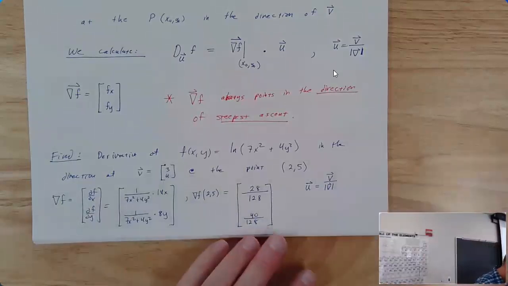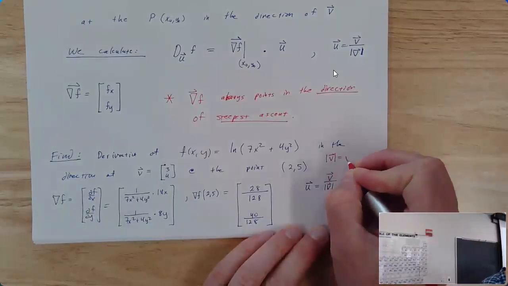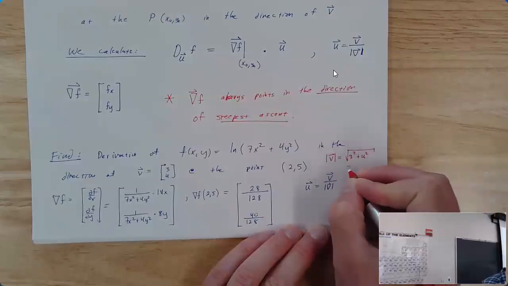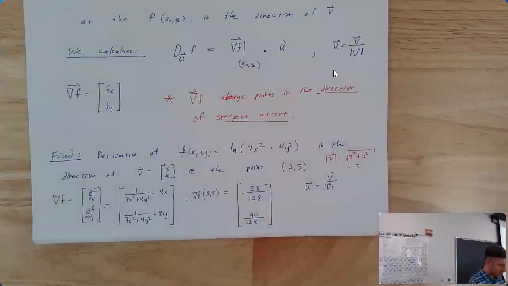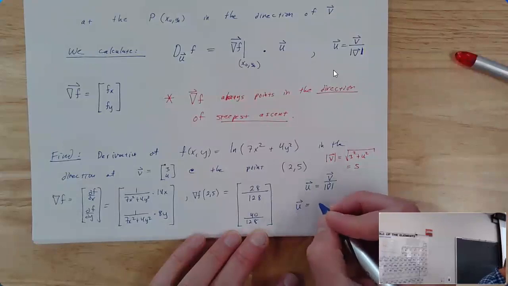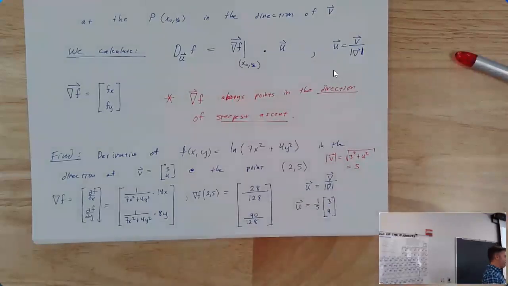But just to point out, the magnitude of v is the square root of 3 squared plus 4 squared, which is indeed 5. So our new unit vector u is going to equal the vector, I would probably write it as 1/5 times the vector 3, 4. But other people like to write it as 3/5, 4/5. Either way is fine.